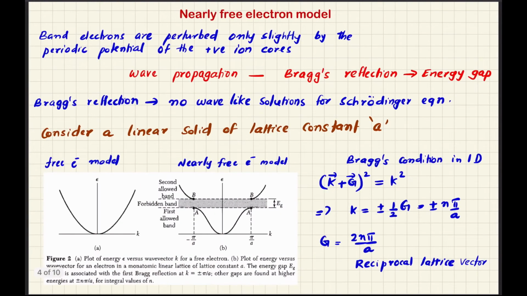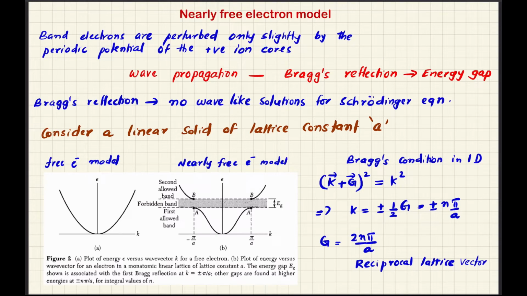And when it comes to the nearly free electron model, what we have is a bunch of free electrons, but these free electrons are not completely free, they are interacting with the periodic potential provided by the positive ion cores.